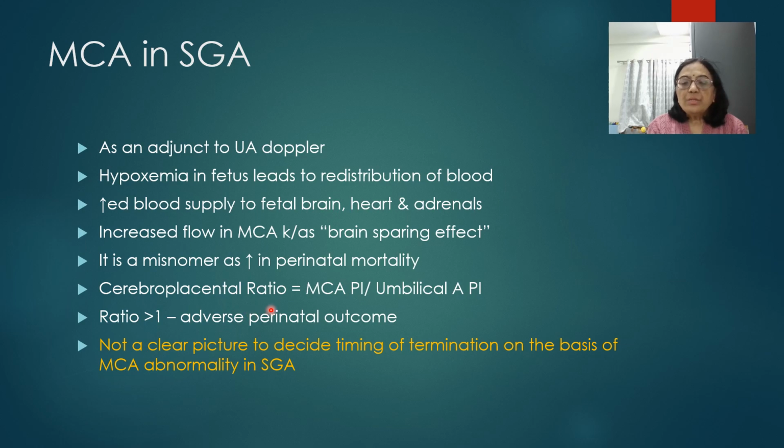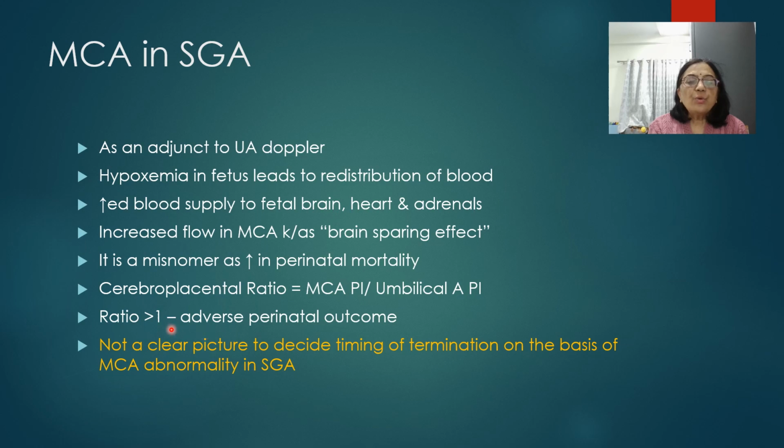Cerebroplacental ratio is the ratio which is used to see how much is the increase in the blood flow to the brain. It is the MCA pulsatility index divided by the umbilical artery pulsatility index. How you remember it is cerebroplacental ratio, CPR. First is cerebro, so you have at the numerator MCA, middle cerebral artery. Second is placental, so in the denominator you have umbilical artery.